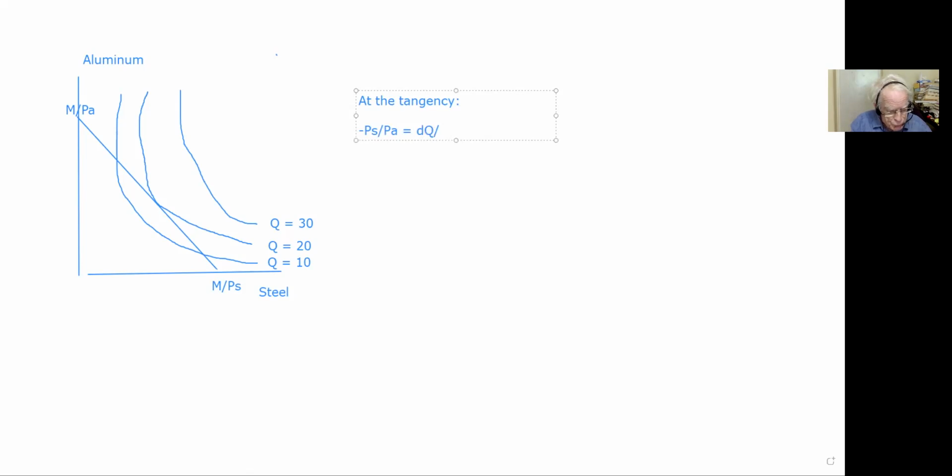That is the marginal product of steel relative to the marginal product of aluminum. And there we are.